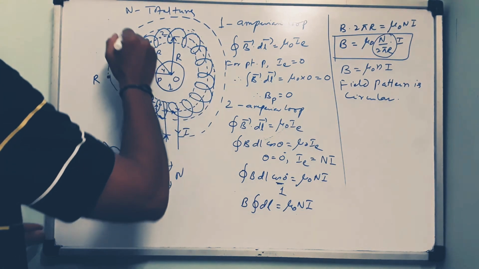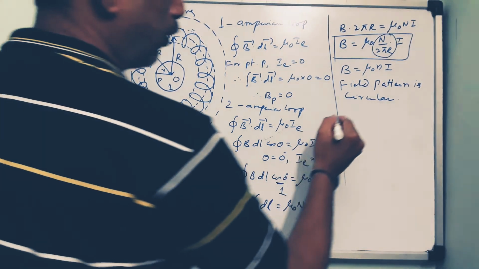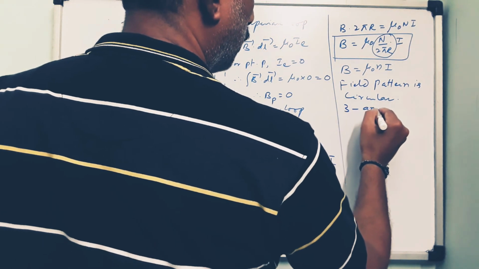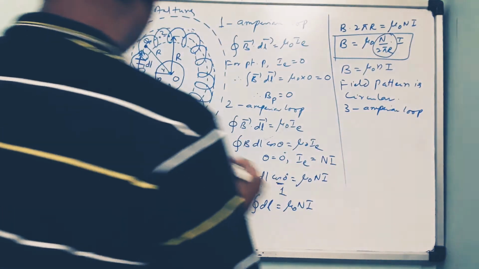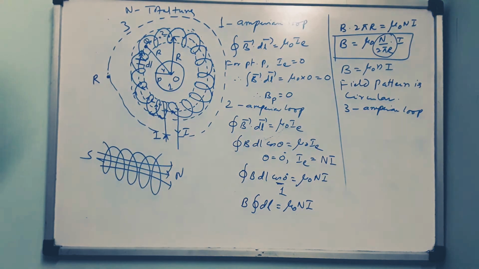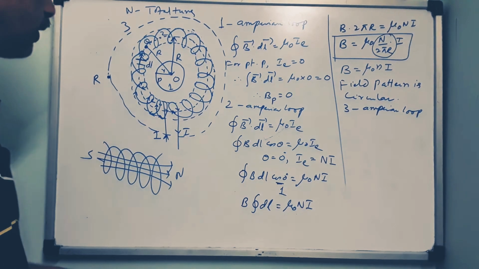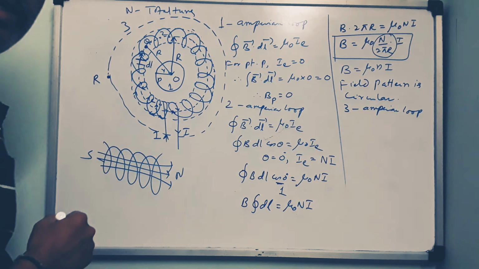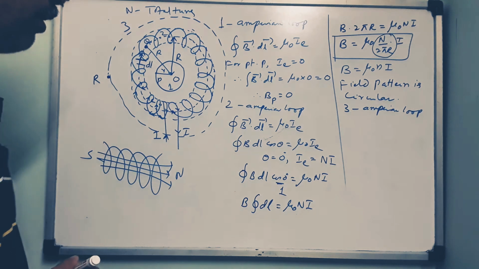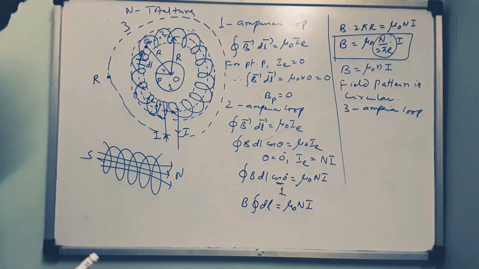Children, you can see that this is 3. So 3 is also an Amperian loop. It encloses the entire toroid. Therefore, we feel as if this is enclosing a total current I. So therefore, it should have a magnetic field at point R. But that is not correct.